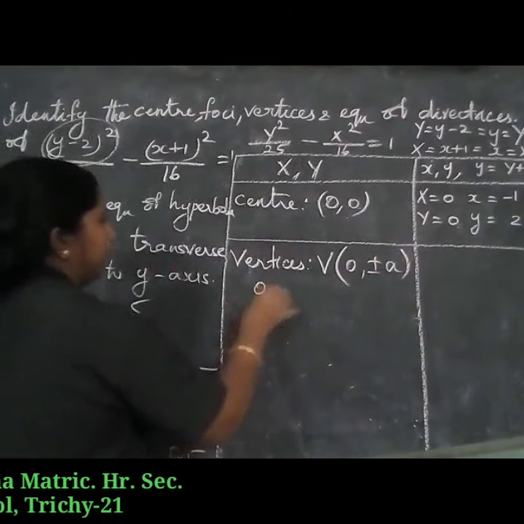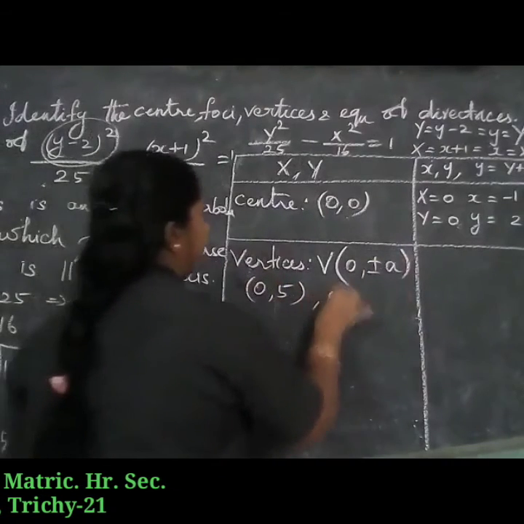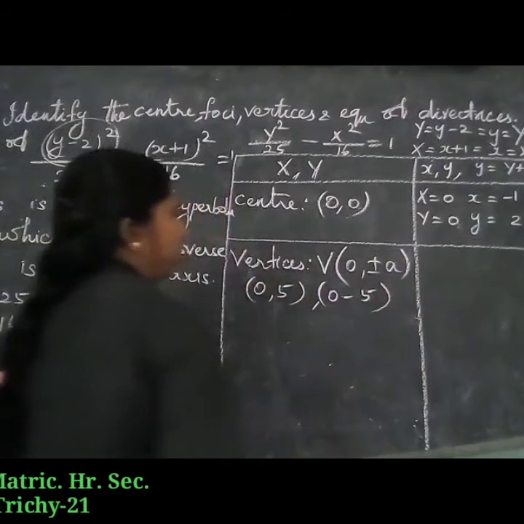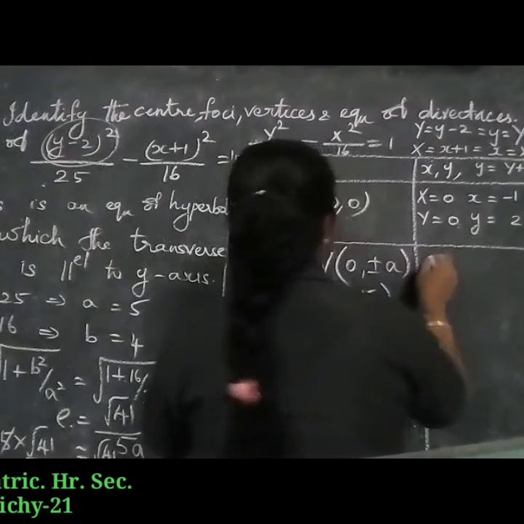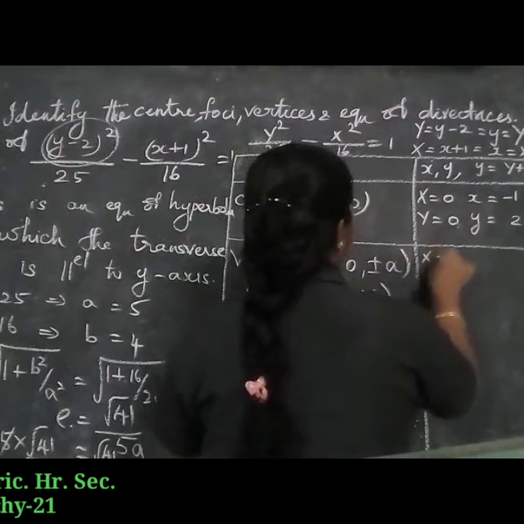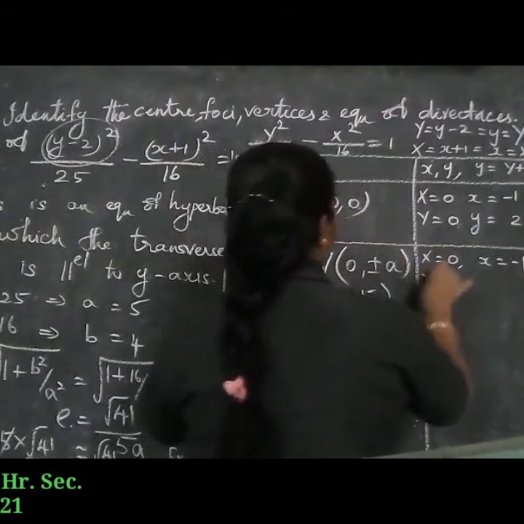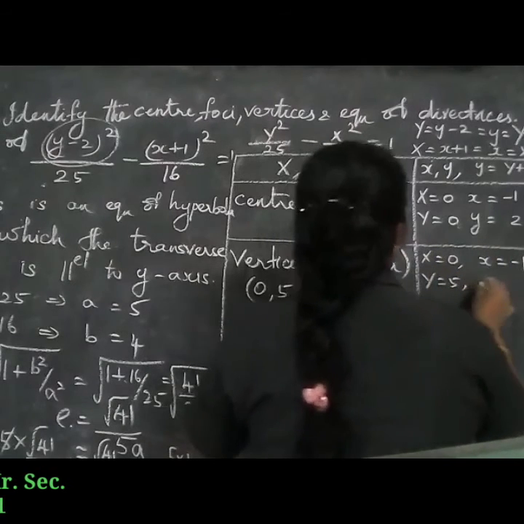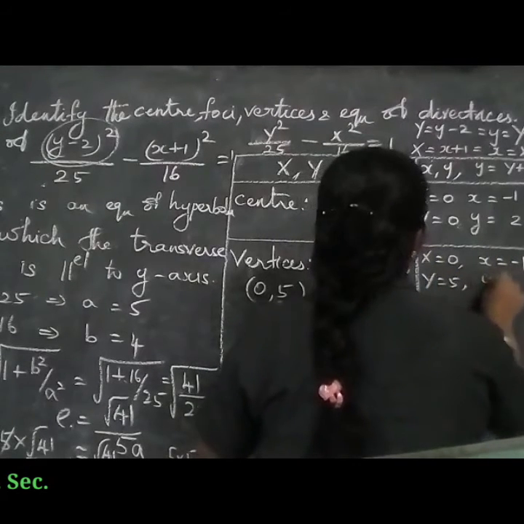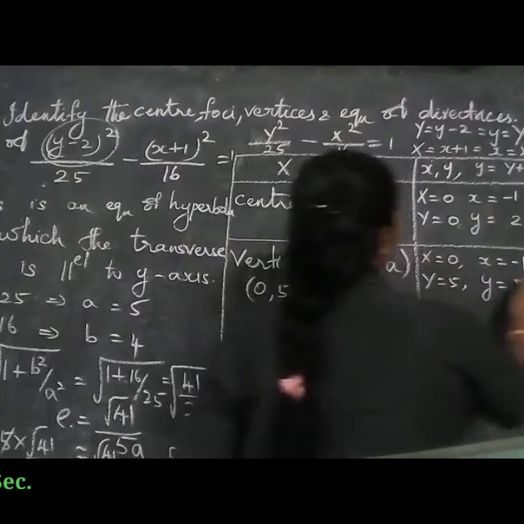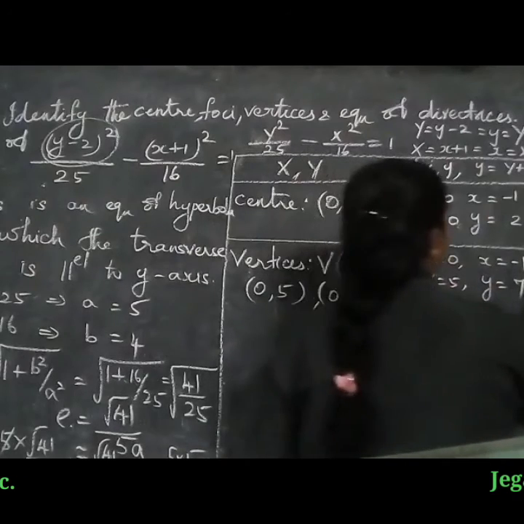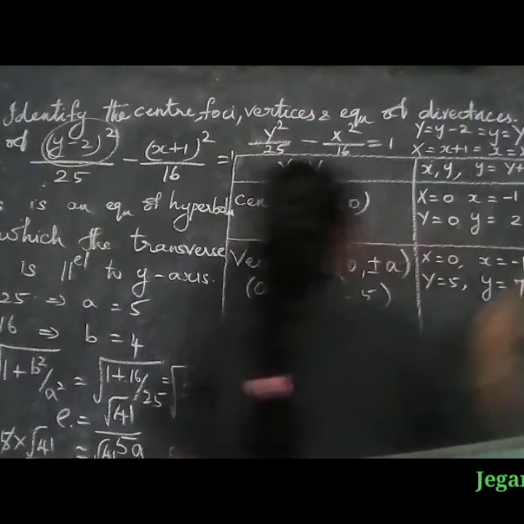So, first vertex is 0, 5. Second one 0, minus 5. Same way now you can replace. Capital X is equal to 0, small x is equal to minus 1. Capital Y is equal to 5. Therefore, small y is equal to 5 plus 2, 7. So, one of the vertices is minus 1, 7.